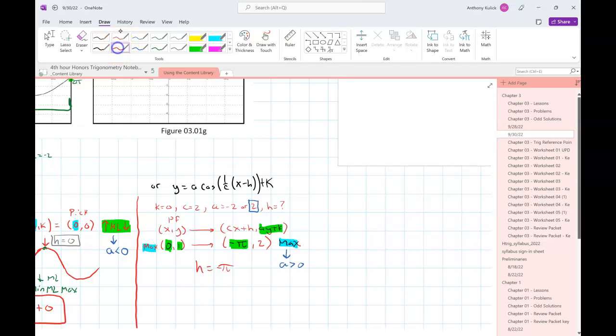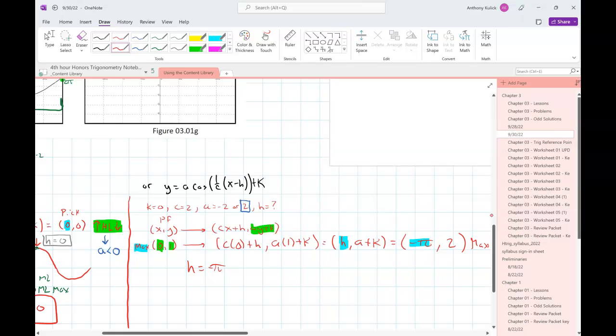Sorry. So maybe we'll fill this in first. When I plug this in, I have C times 0 plus H, and then A times 1 plus K. So this is the point (H, A plus K). I'm going to map that to the point (negative pi, 2). So that's telling me that H is negative pi, and it would tell me that A plus K is 2.